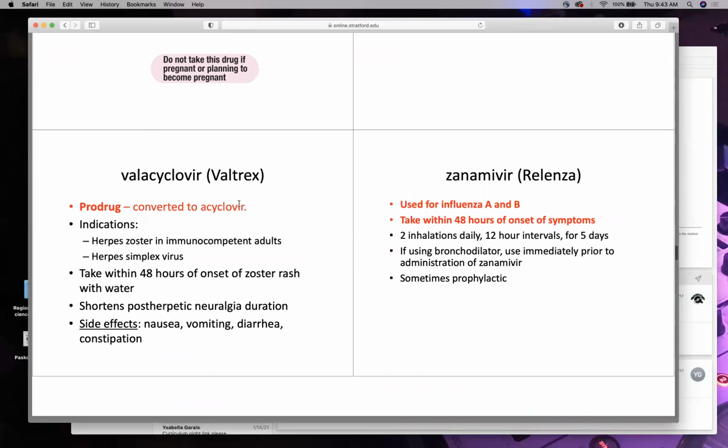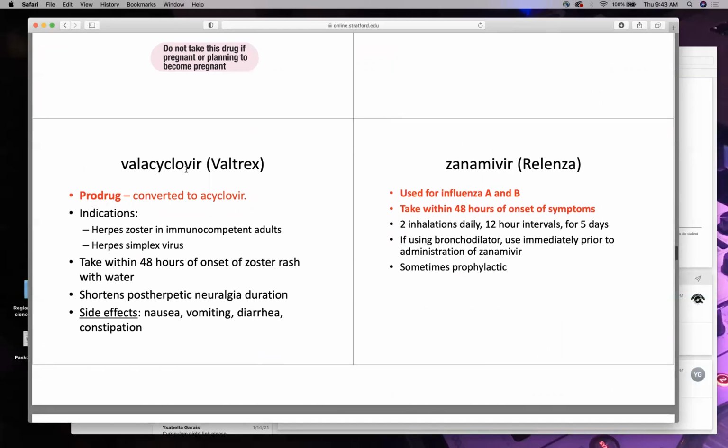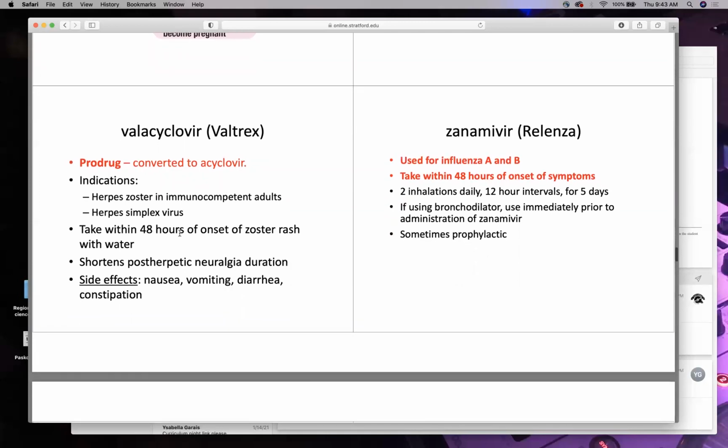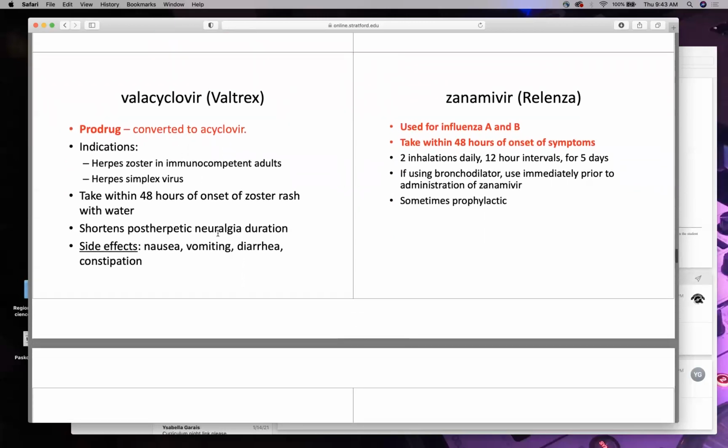Valtrex, ooh, very good. It's what they call a prodrug. That means it goes into your body one way and then it changes into something else. So valacyclovir, and then your body metabolizes it to acyclovir. And Valtrex, we love it for herpes and especially for immunocompromised patients.